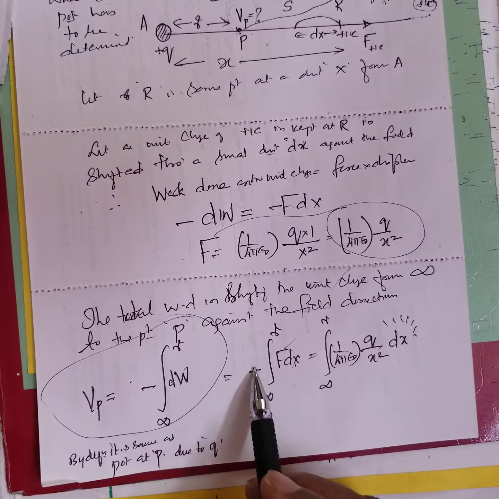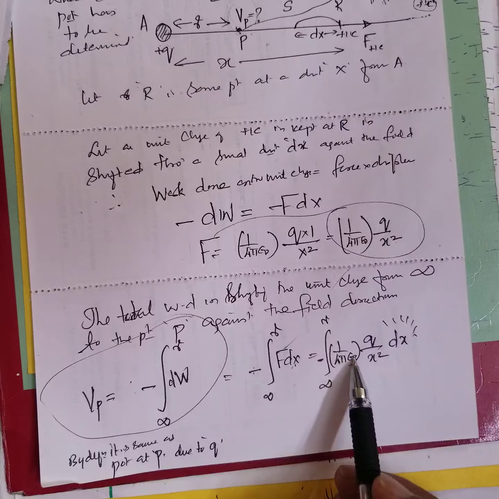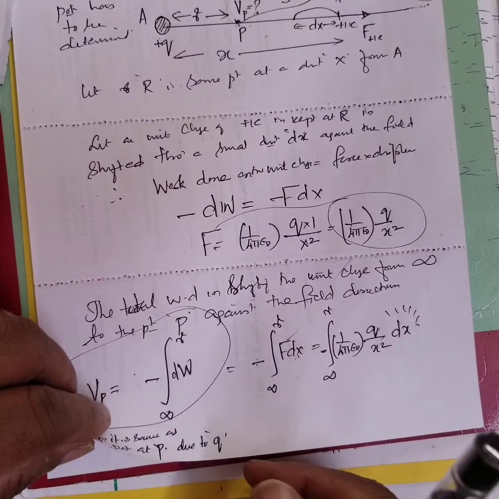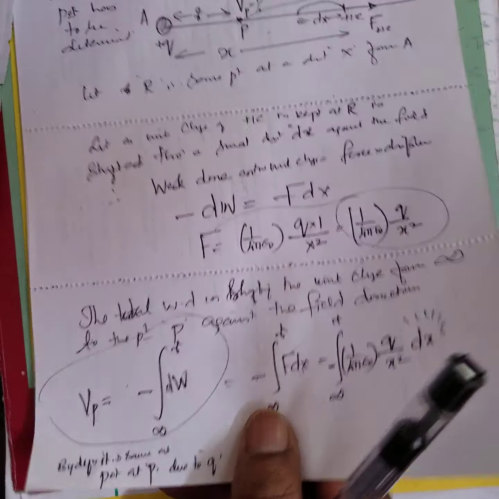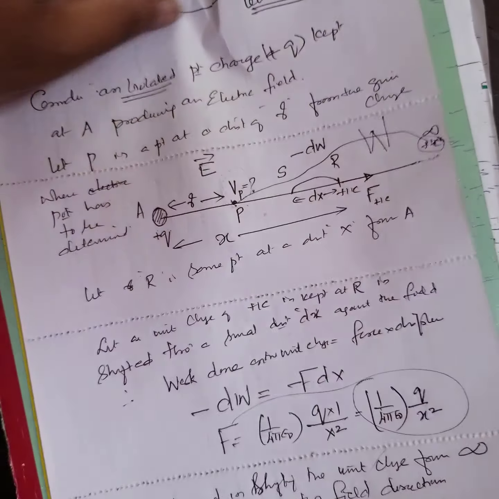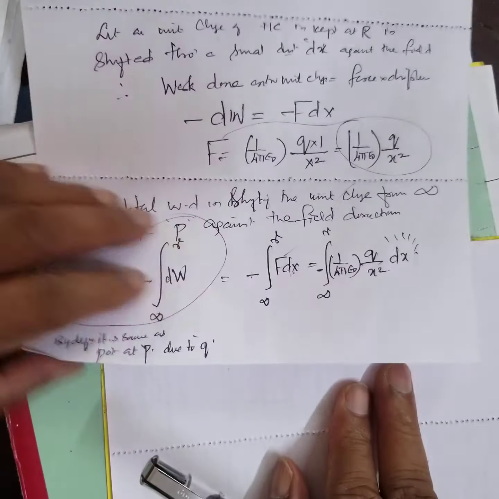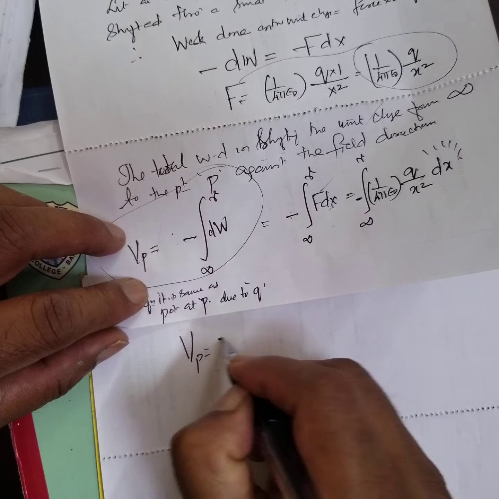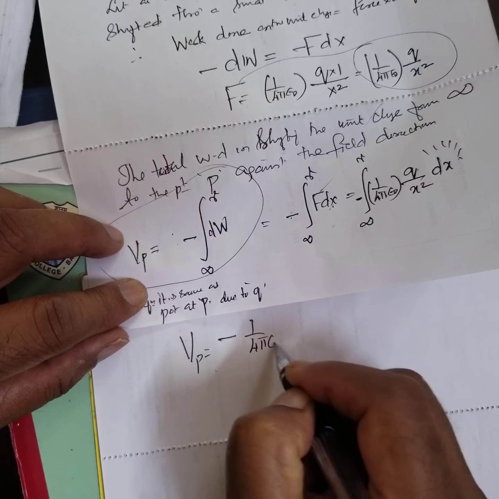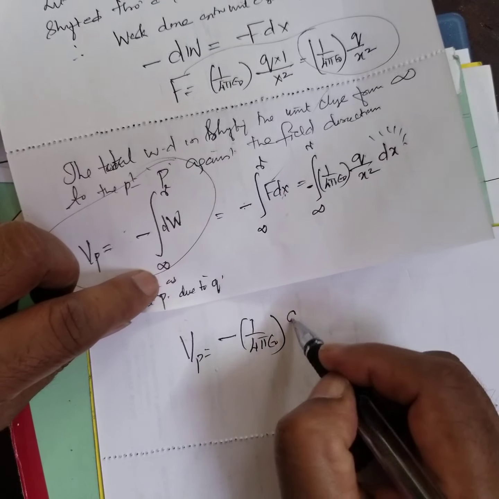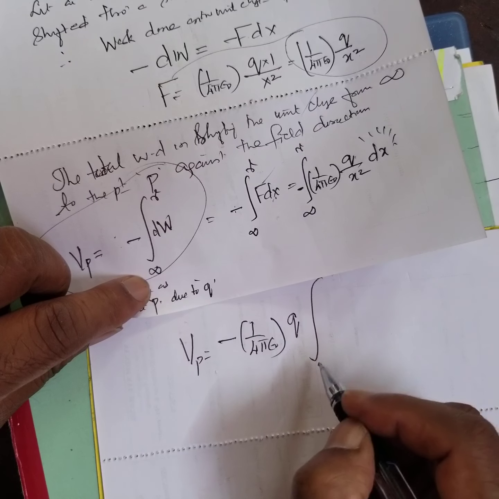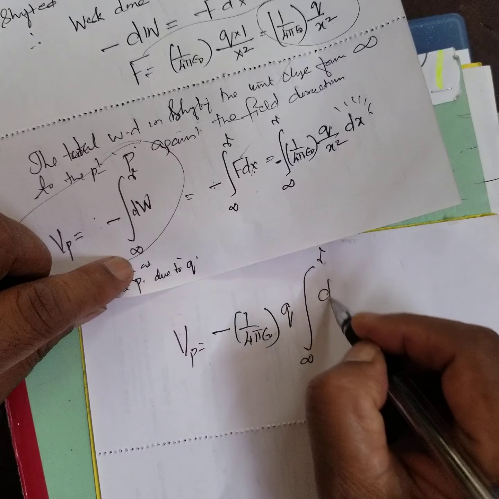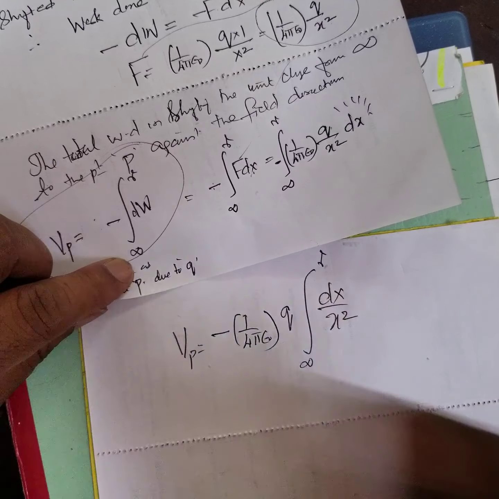Now you have to evaluate. Here the minus I have taken outside. 1 by 4 pi epsilon naught is a constant, and the charge is also constant, so you take it out. The potential at the point is equal to minus 1 by 4 pi epsilon naught Q, integration from infinity to the point R of dx by x square.